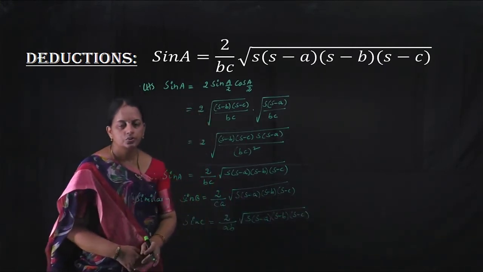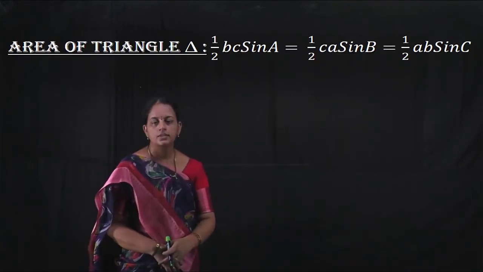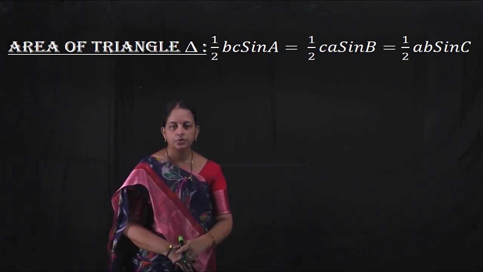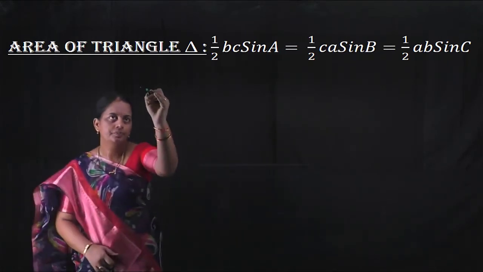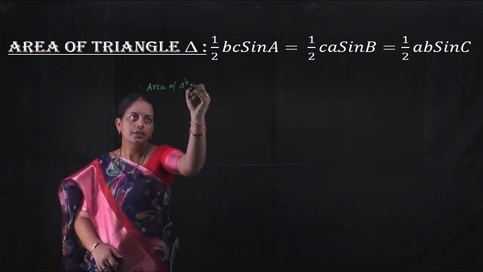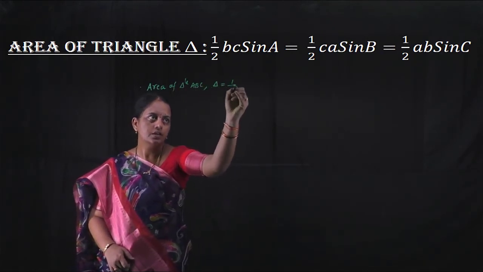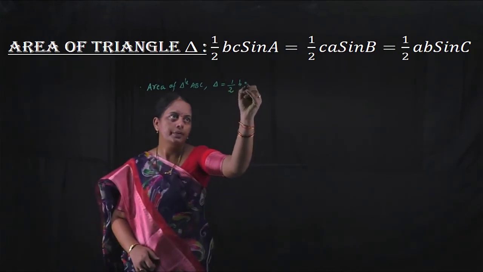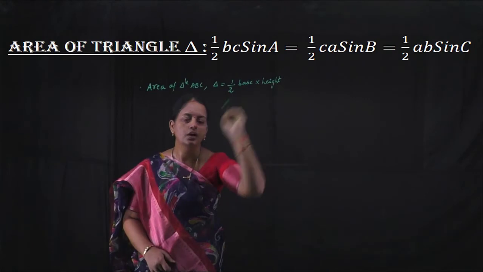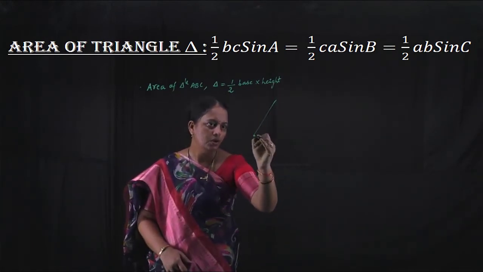Okay, next let us see the proof of the area of a triangle. In lower classes, we know that the area of triangle ABC is denoted by delta, and that is equal to half base into height.